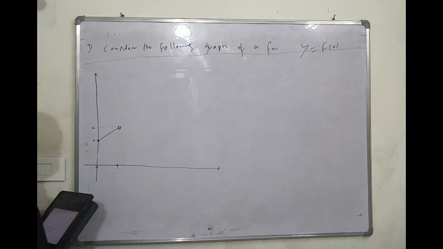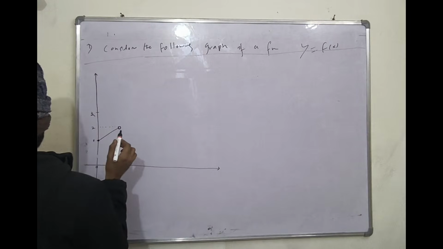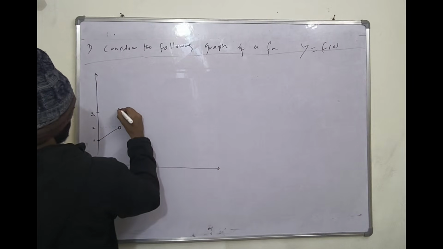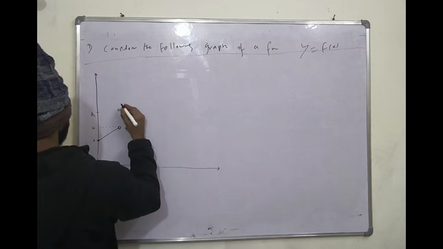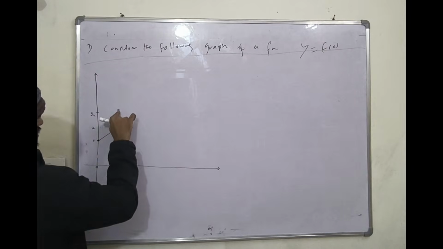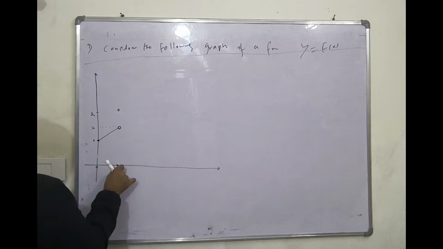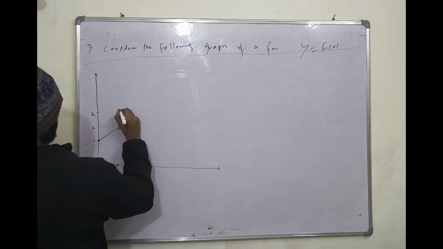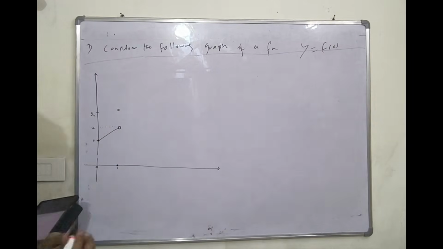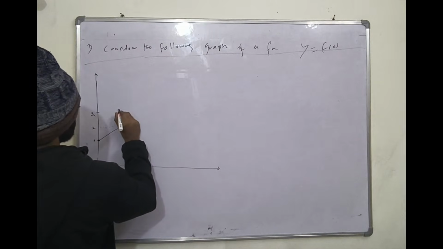Next, again here, this represents the function jumping from here to here. At x equals to 1, the value is 0. At x greater than 1, they have given values like this.